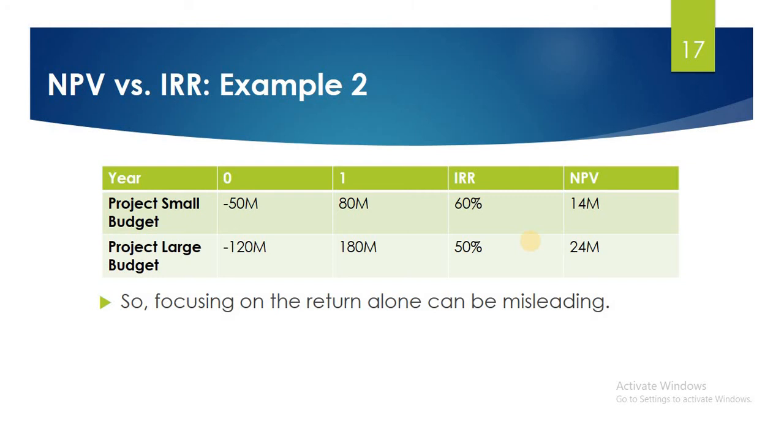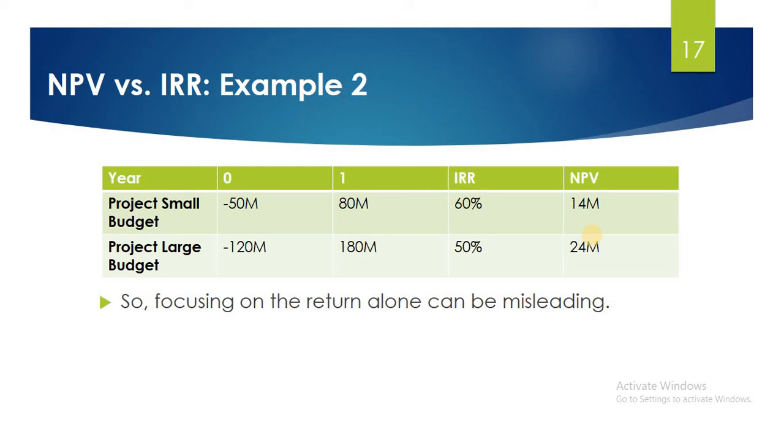Now if you look at the NPV and IRR of both projects, you can see that based on internal rate of return, or simply IRR, the small budget project should be accepted, as the IRR of the small budget project is more than the IRR of the large budget project. Now if we look at the NPV, we can see that NPV of the small budget project is 14 million, whereas NPV of the large budget project is 24 million.